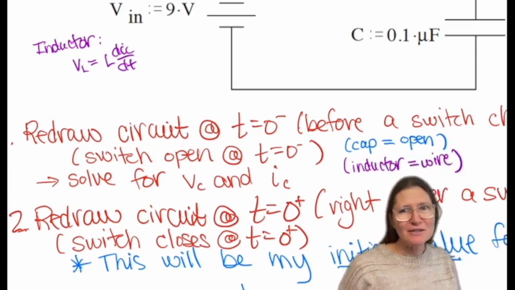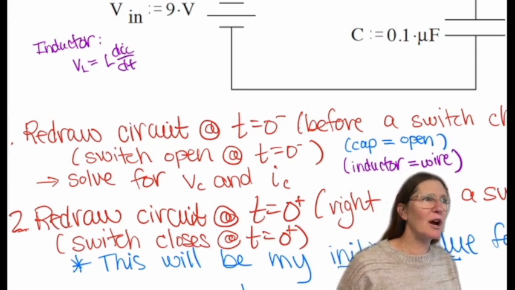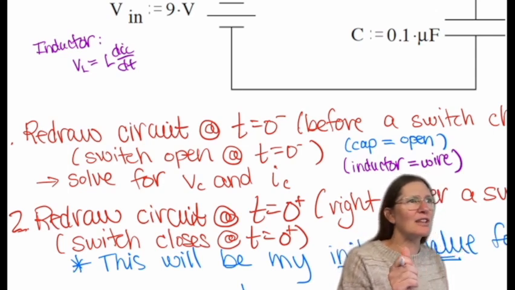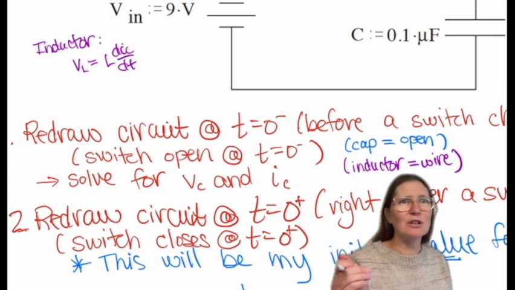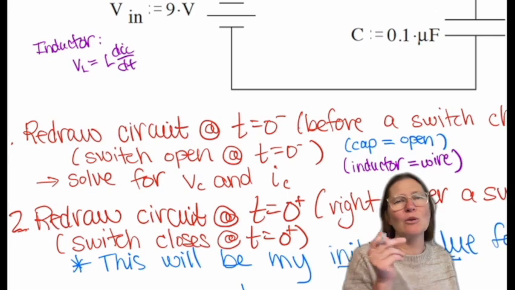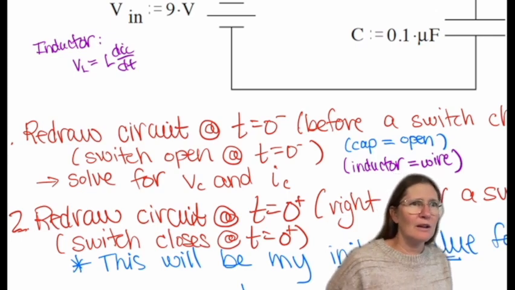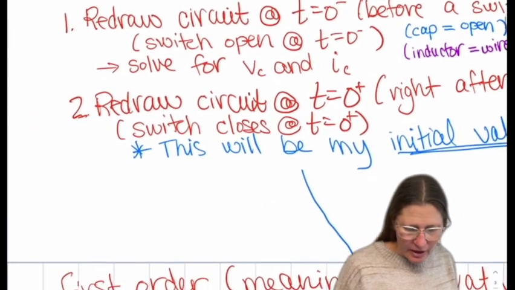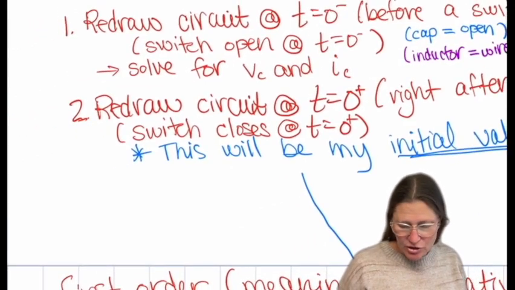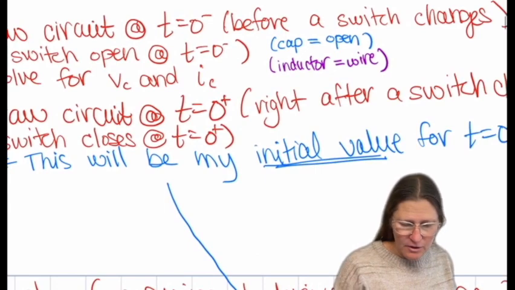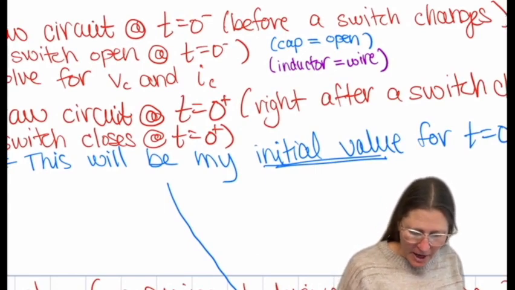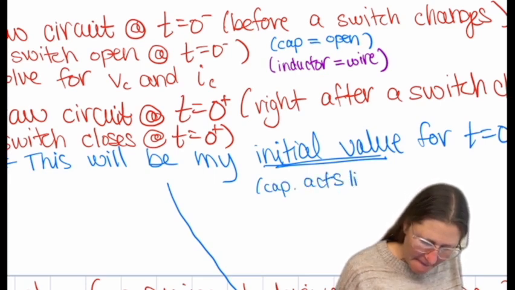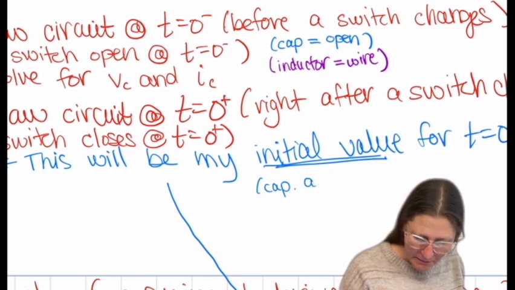You can either memorize that a capacitor will always be open and an inductor will equal a wire, but if you forget, you can go back and look at these equations and say, oh, if it sat there a long time, that differential is 0, which means VL is 0 or IC is 0. And that is helpful to remember. Okay, so then right at the switch, the capacitor is going to act like, do this, do it in green.